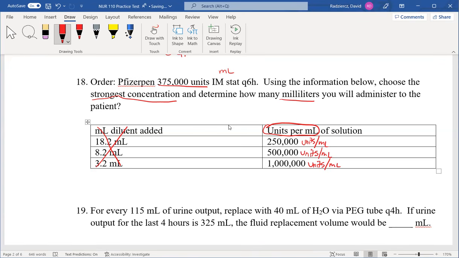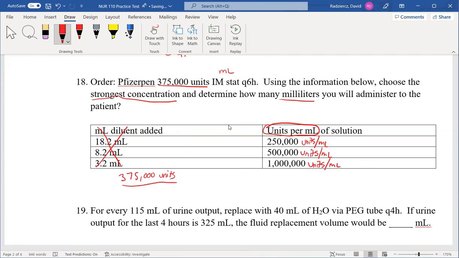So what am I going to do? I'm going to take my order, which was the 375,000 units, over my available, which, it says, is the strongest concentration. The other thing you have to make sure you know is that the stronger concentration means there's more units per milliliter.